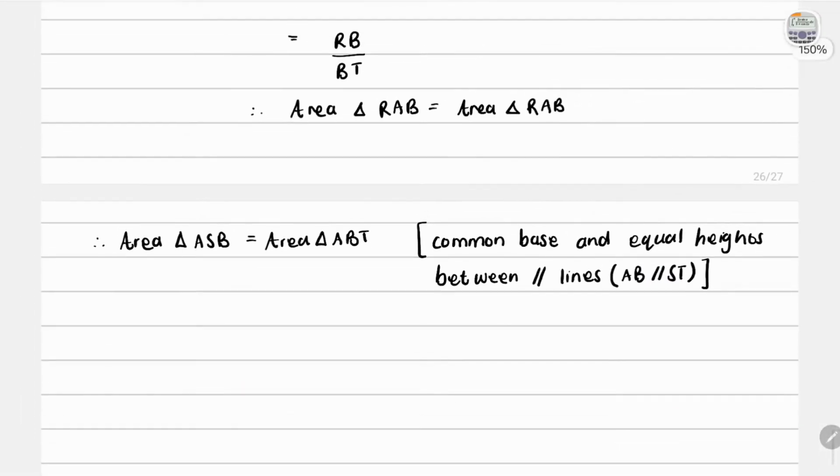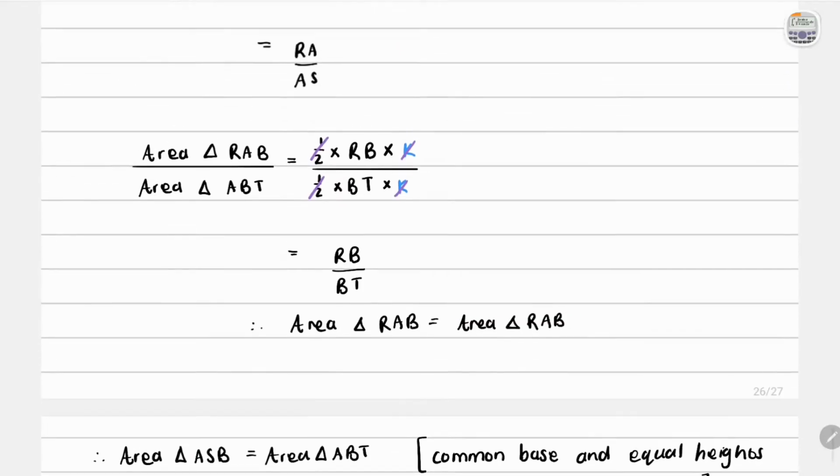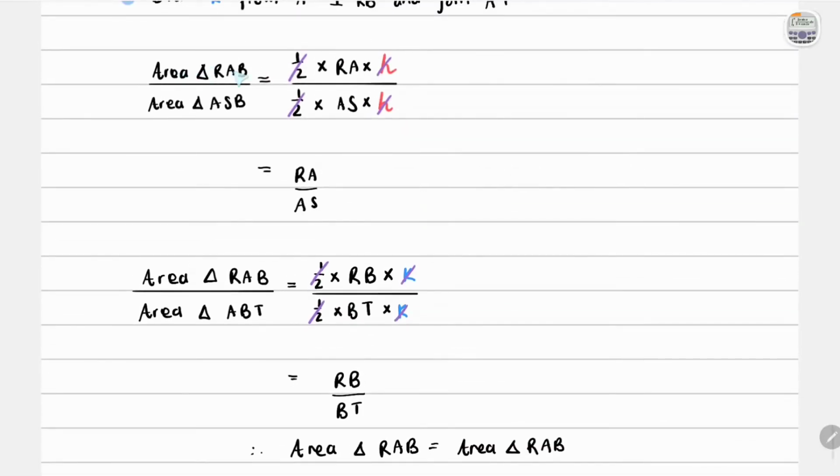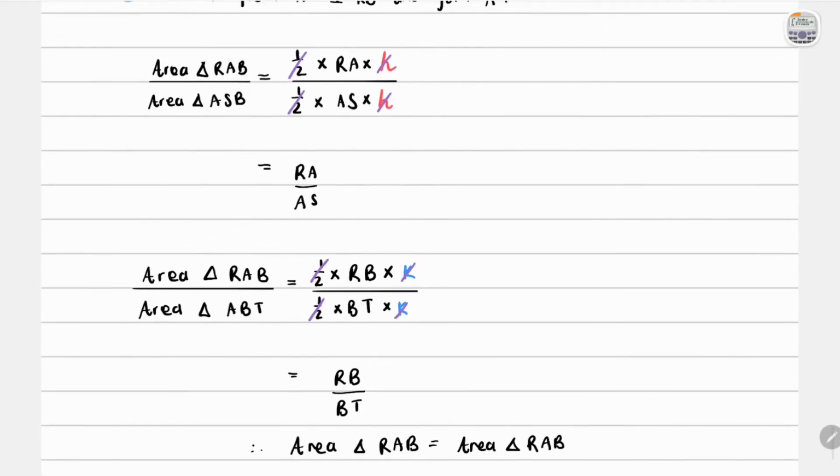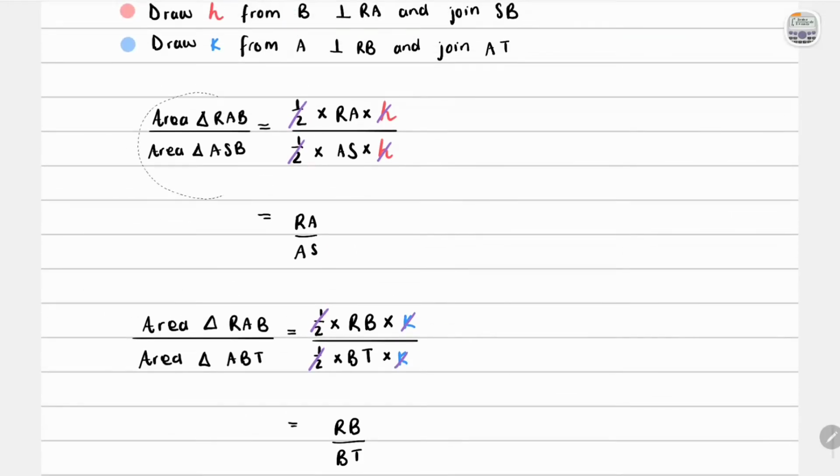Okay, so if we can see that those areas are equal and those areas are equal, and we know that when we found RAB over ASB, it gave us this, and RAB over ABT gave us that. That means that we can therefore say their areas put over each other are exactly the same. So we're really just taking this and we're saying it is equal to that as well.